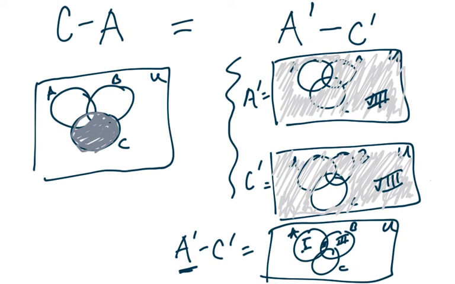Here region 6 is shaded, but we're not taking it away, so it remains shaded. And here region 7 is shaded, but we're not taking it away because it's not shaded here. So therefore, this region is also shaded.